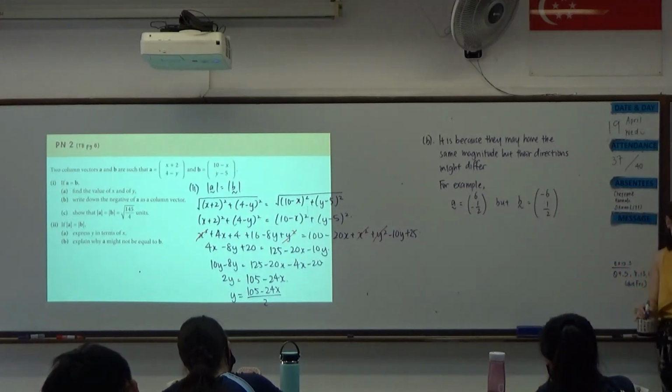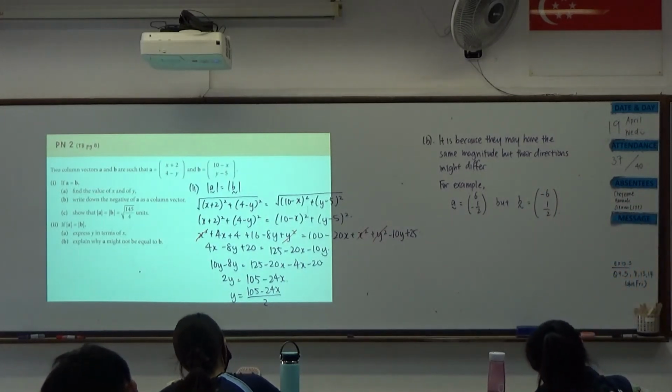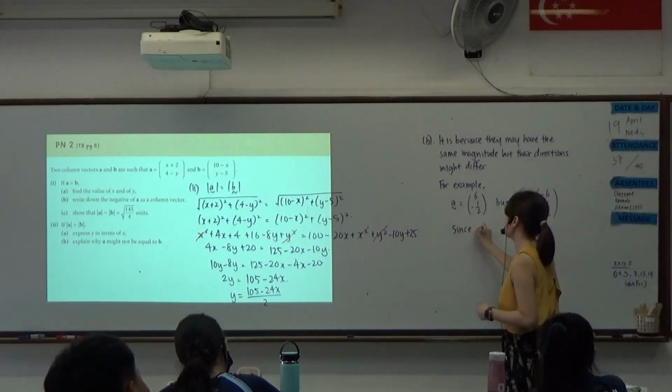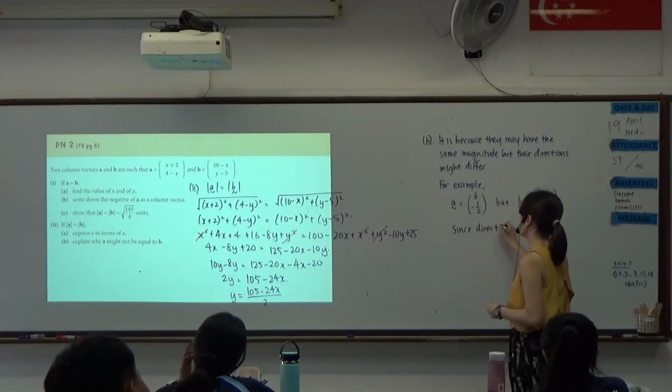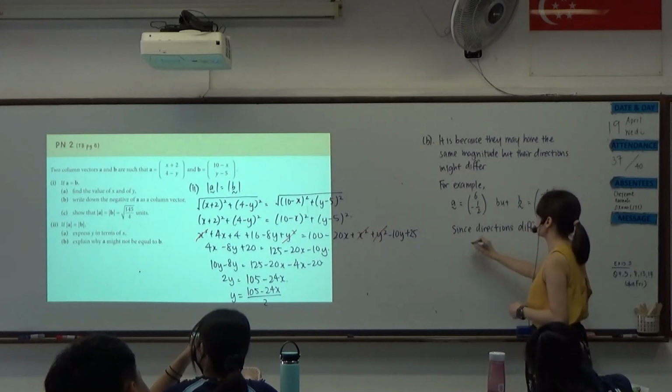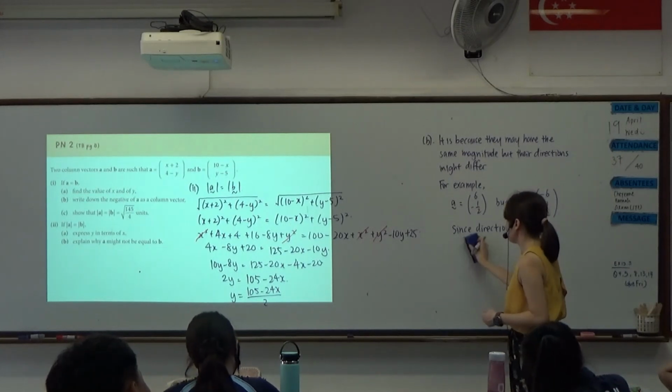And B, let's say, is negative 6 and half instead. So it is clear that the magnitudes will be the same, but the directions differ. A and B are not equal.